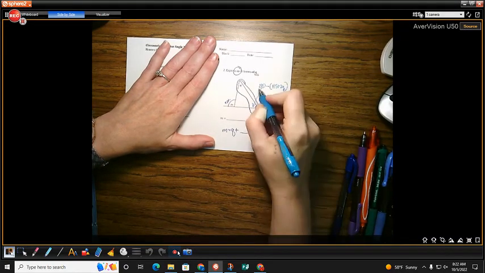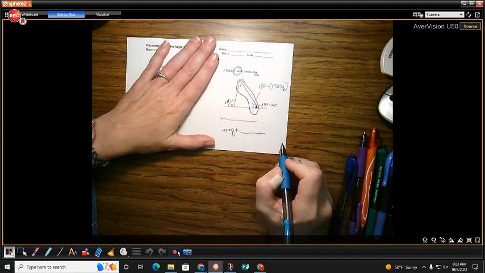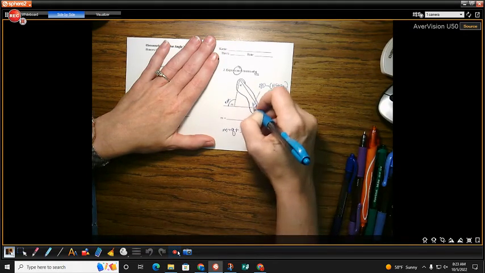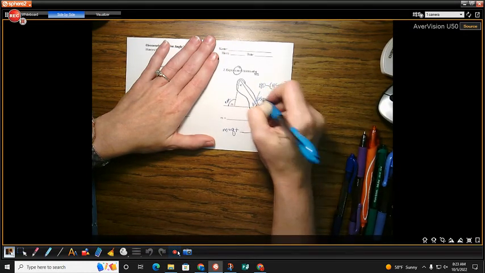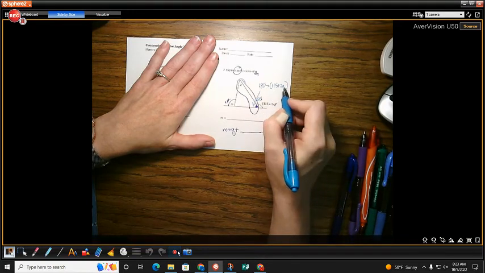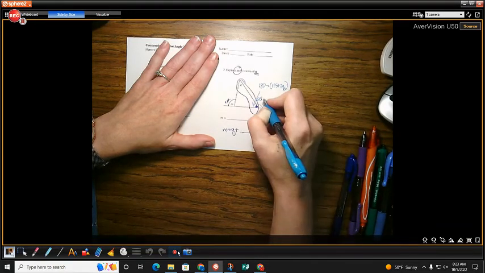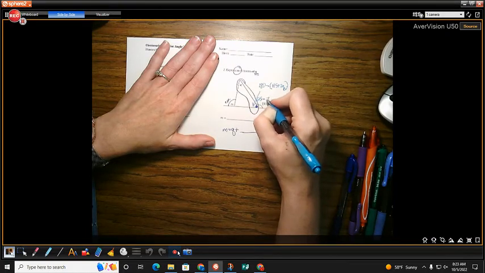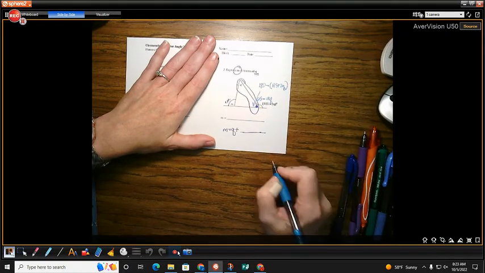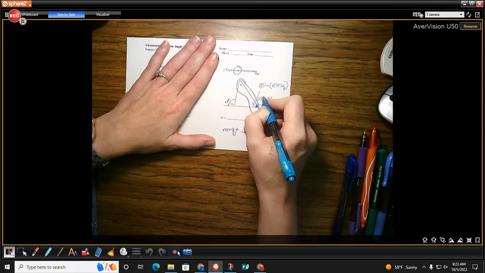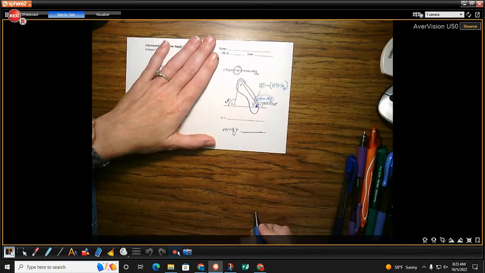What's 180 minus 115? 65. And minus a positive 2q? Just minus 2q. So now we found this interior angle. What am I doing with it?